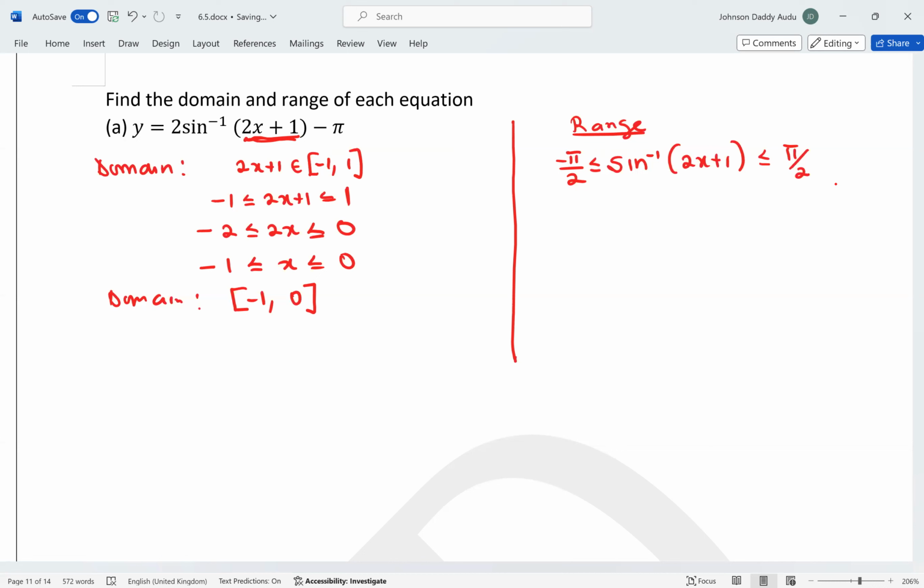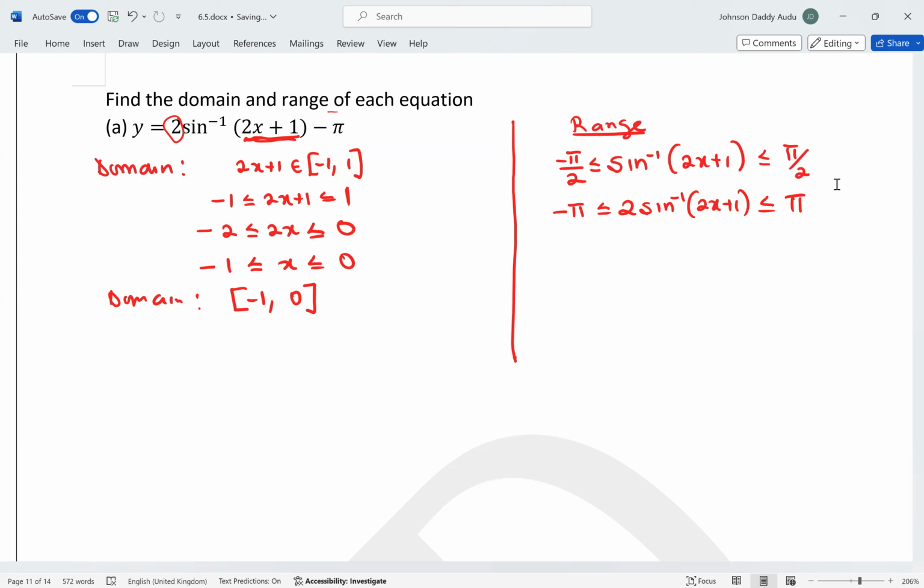So now we have to use this information, just like we did in the last question, to create what we want. What we want is y. If you look at y, you have a multiplication by 2 here, so we'll multiply everything by 2. So this is minus pi is less than or equal to 2 sine inverse of 2x plus 1, which is less than or equal to pi.